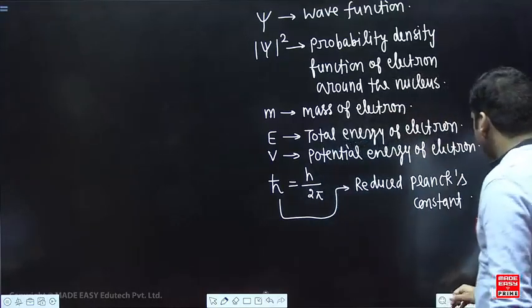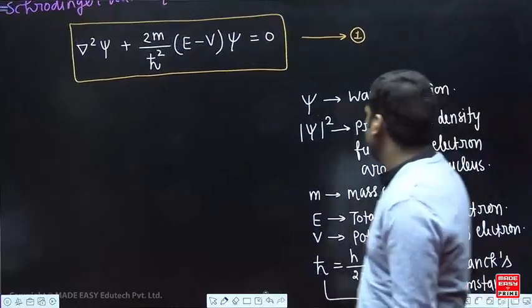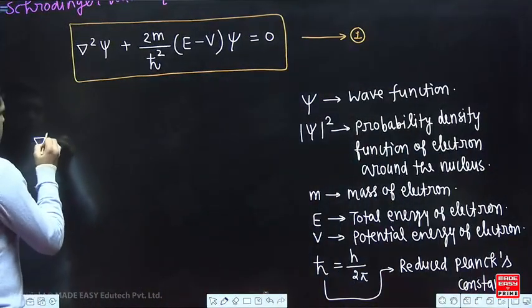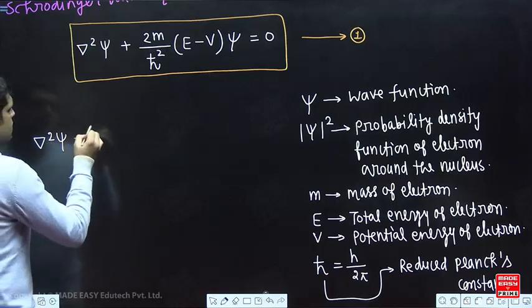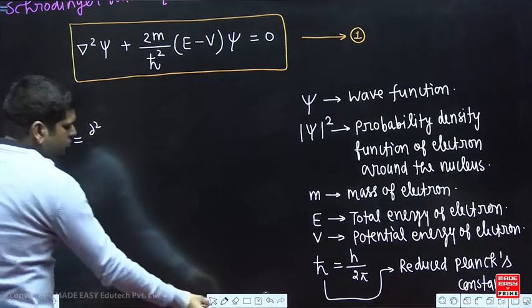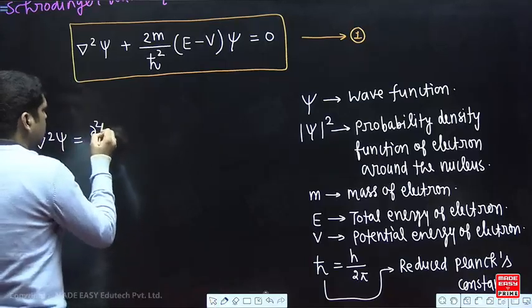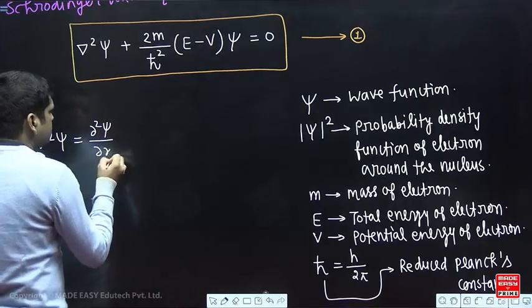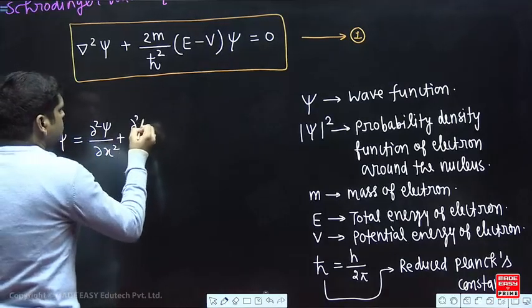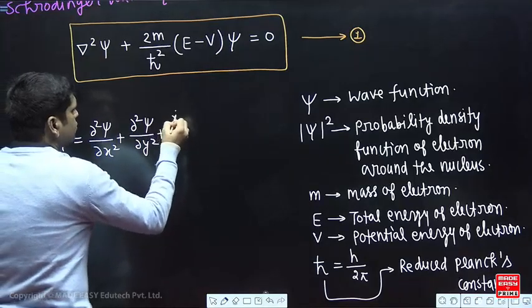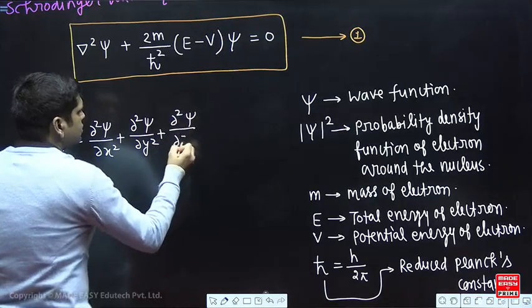You all may be knowing this much of the mathematics, that this del square psi is nothing but del 2 psi by del x2 plus del 2 psi by del y2 plus del 2 psi by del z2.